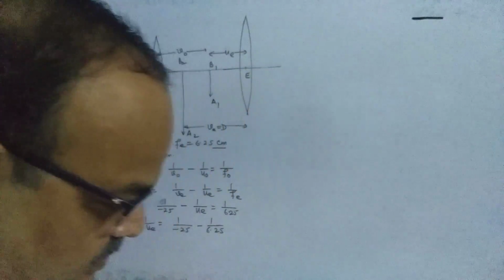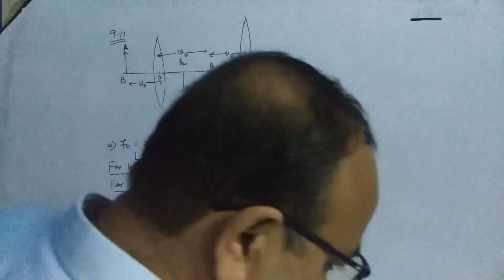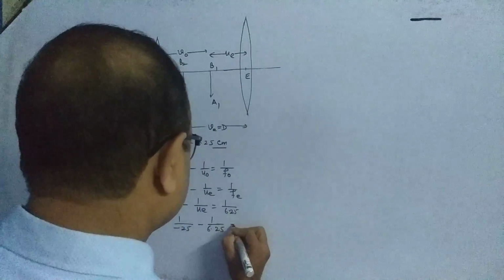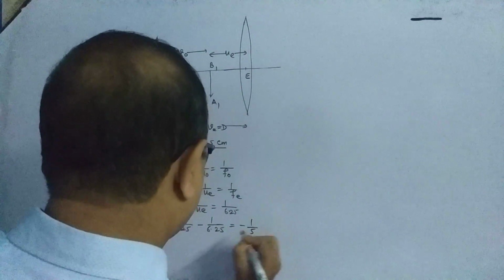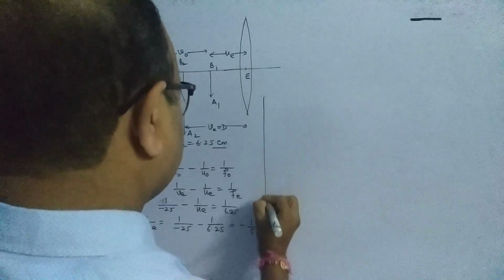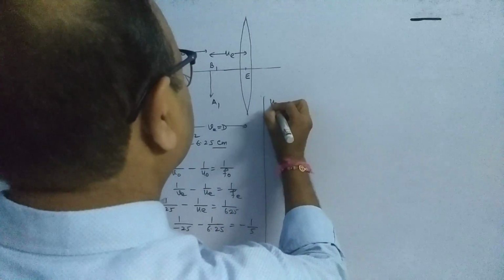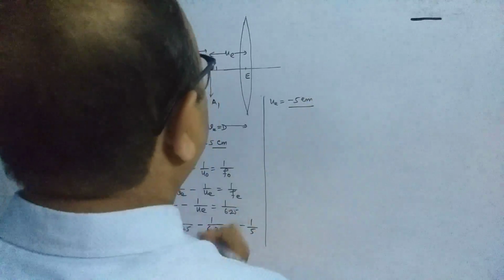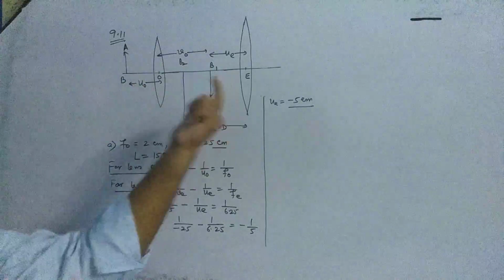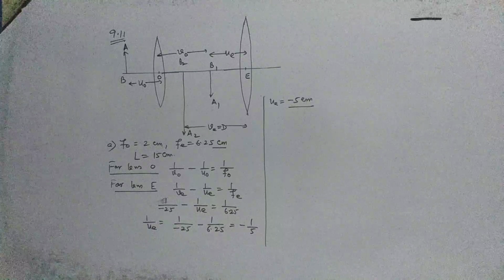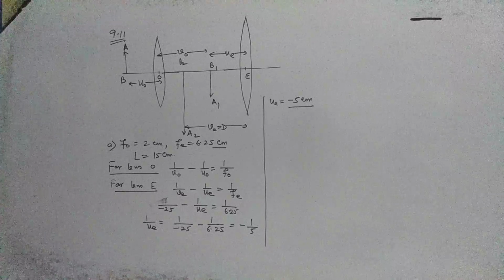If you solve this, you will get minus 1 by 5, or UE is equal to minus 5 centimeter. Minus 5 centimeter means towards the left side, according to the sign convention. So this we are getting.